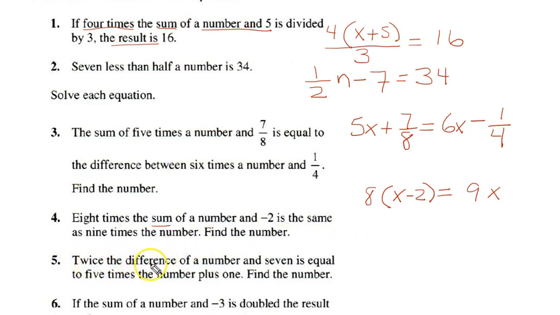Twice the difference of a number and 7. Now, a number and 7. Now, again, the difference of a number and 7, you have to put that in a parenthesis.